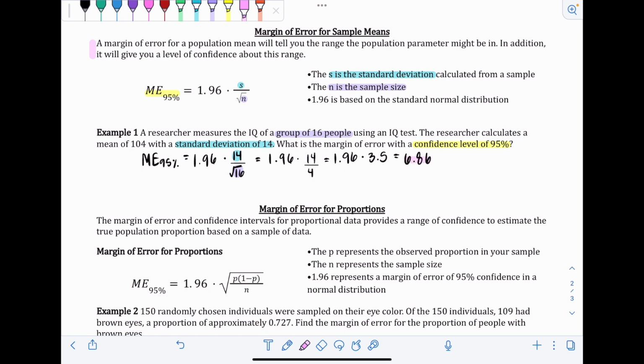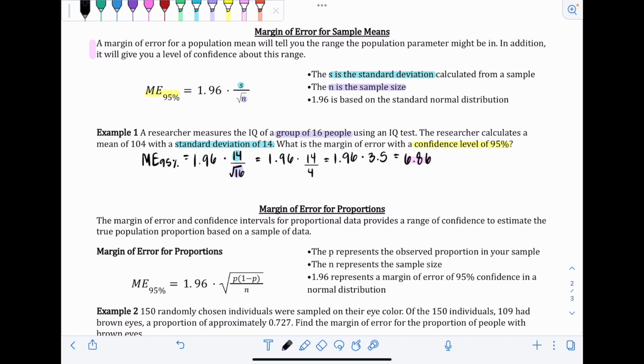And that's the number that we vary from the mean. So since our confidence level was 95%, it means that we're 95% sure that the population mean is within that 6.86 of the mean that we're given in the problem.